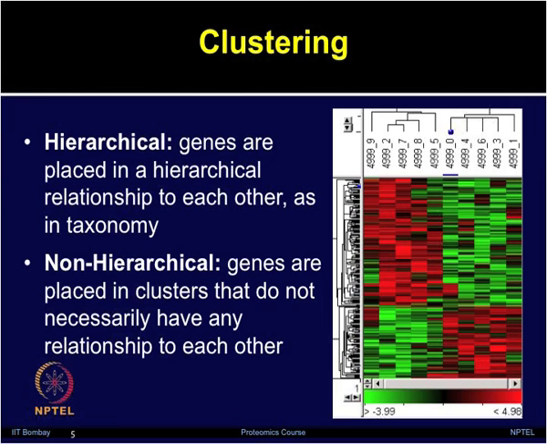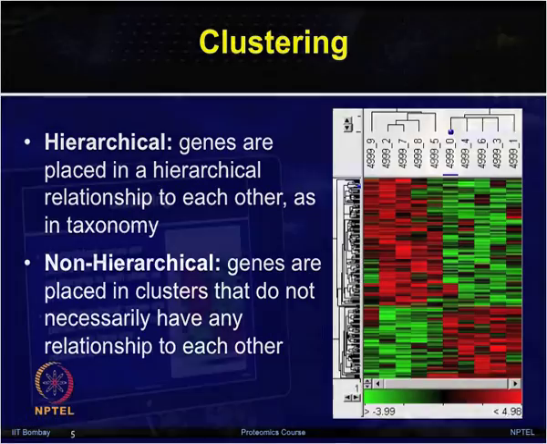Hierarchical clustering is where the genes are placed in a hierarchical relationship to each other, as in taxonomy. Non-hierarchical clustering is where genes are placed in clusters that do not necessarily have any relationship to each other.